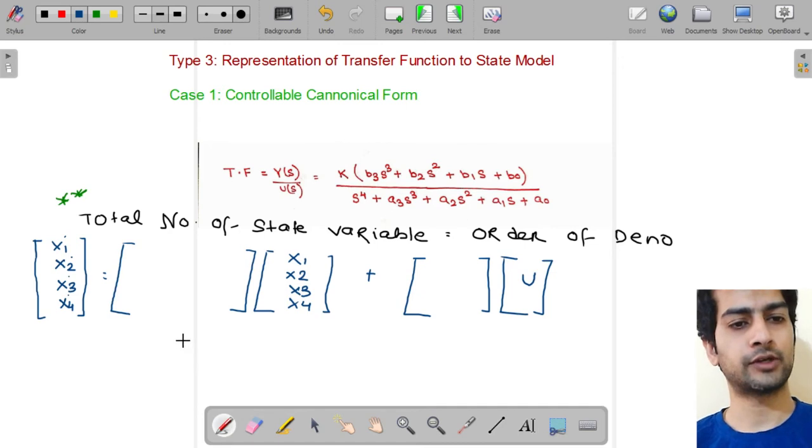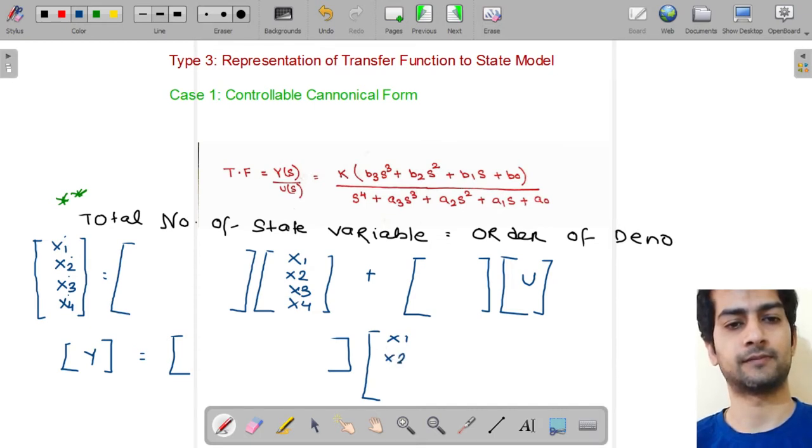Now coming to the output equation, take it as Y. Here we will get a matrix C, and again here we will have the state variables. Now see carefully.